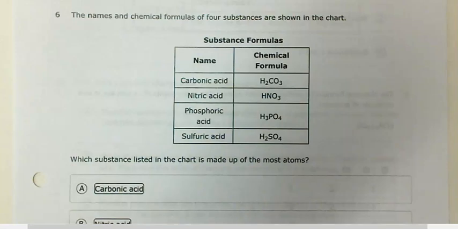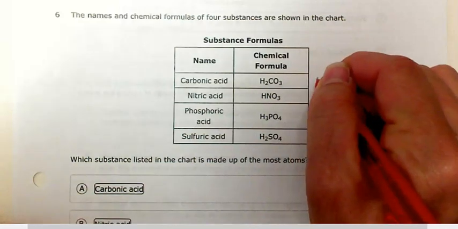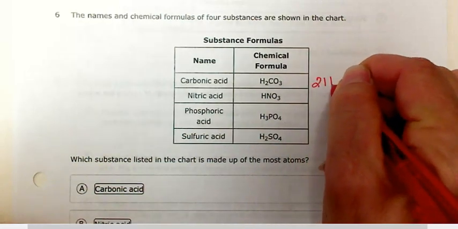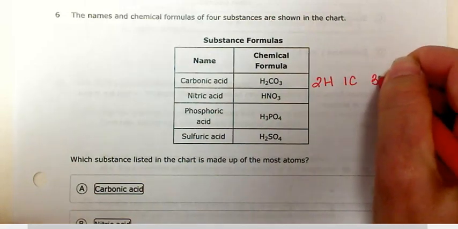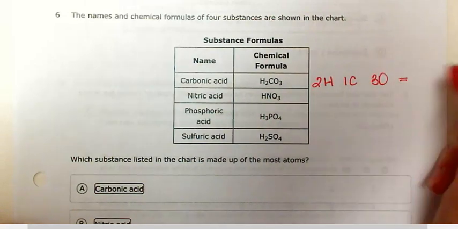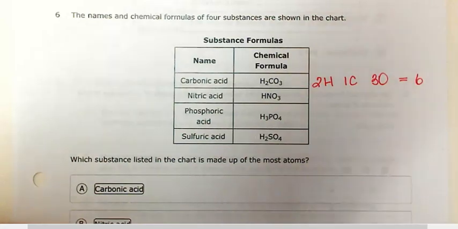All right, look at number 6. The names and chemical formulas of 4 substances are shown in the chart. Which substance listed in the chart is made up of the most atoms? Carbonic acid has 2 hydrogens, 1 carbon, and 3 oxygens for a total of 6 atoms.